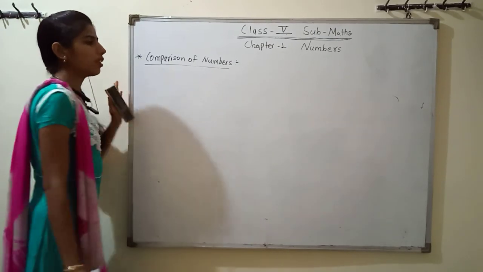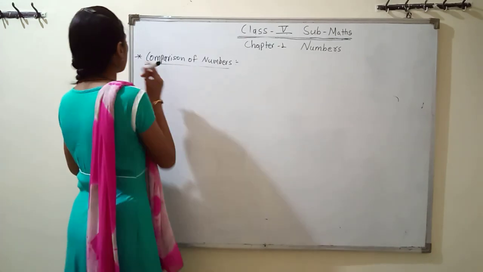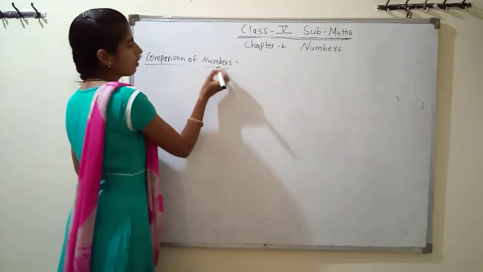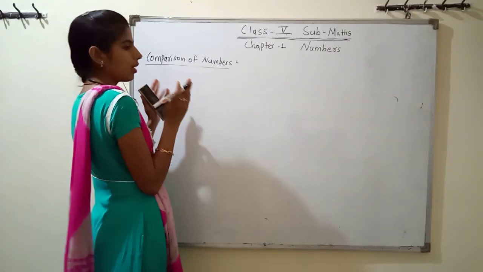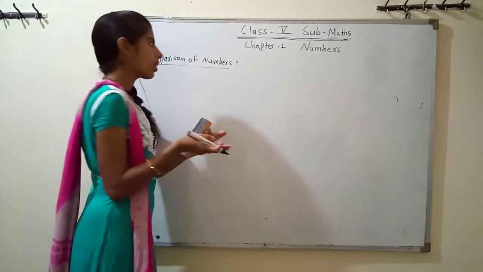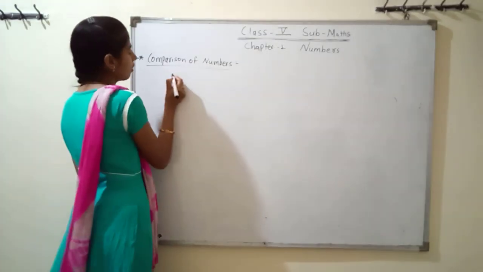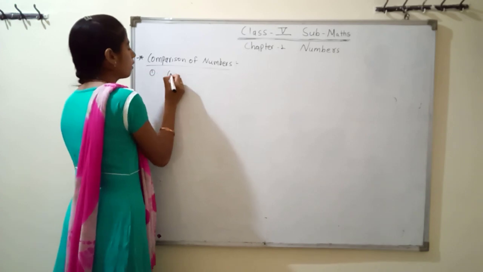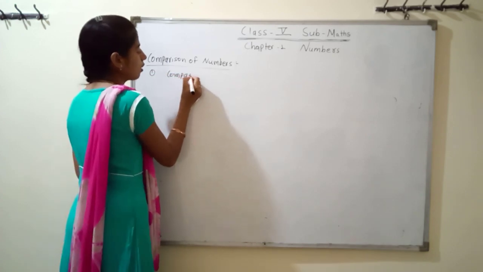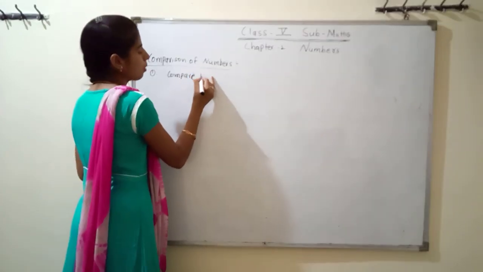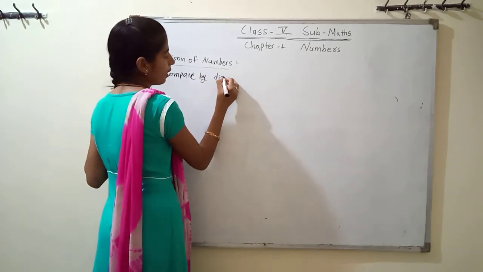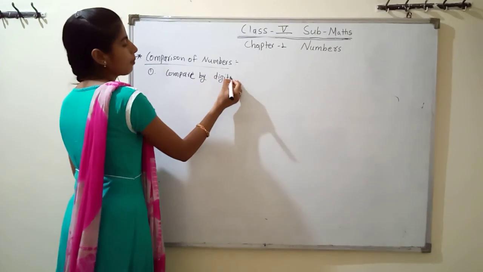Before ascending and descending orders, we learn about the comparison of numbers. Compare means compare which is the smallest and which is the biggest. First we compare by digit.